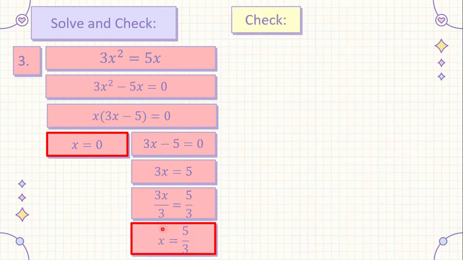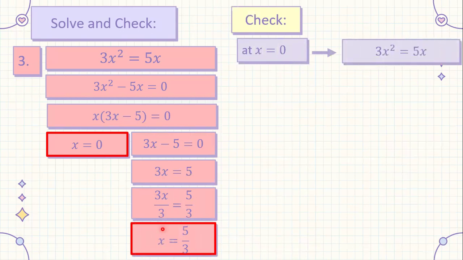To check, we substitute the obtained values of x. First, we have x is equal to 0. Substitute that into the original equation and that justifies that x equals 0 is a solution.